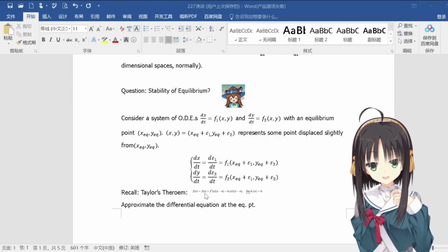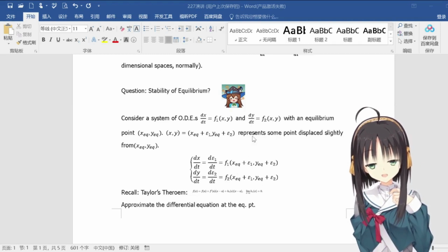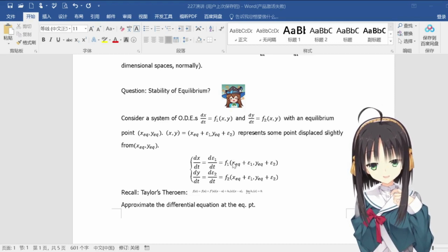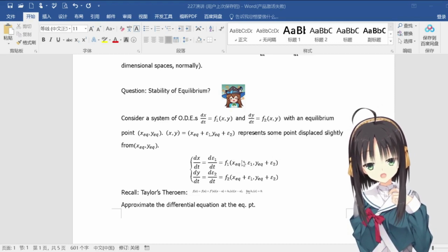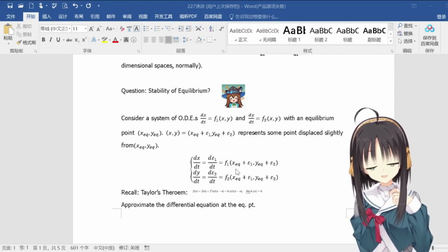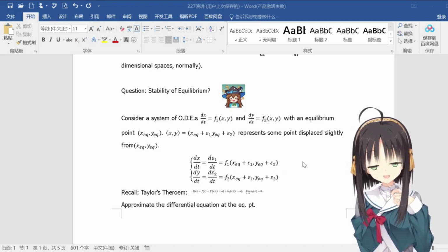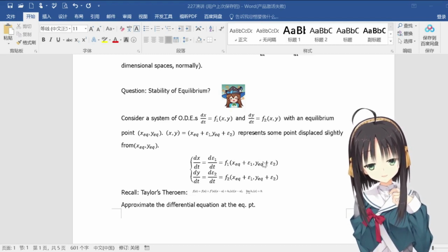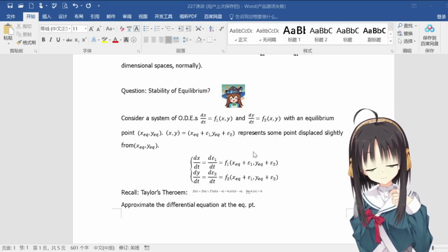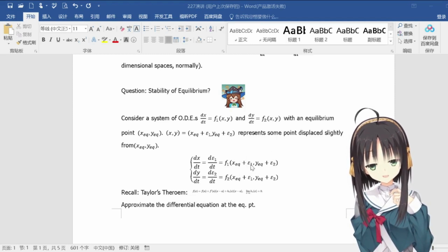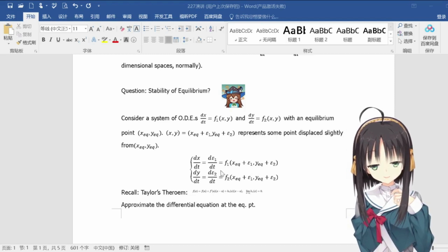In the example here, it is the derivative of f at a. In our ODE, it is the partial derivative with respect to x at the equilibrium point, and second, the partial derivative with respect to y at the equilibrium point. Yes, that's the similarity between these two functions.